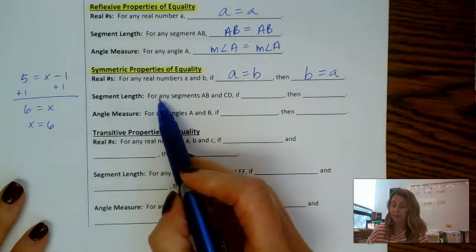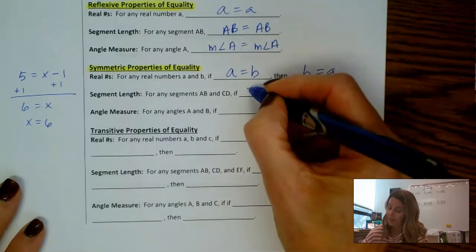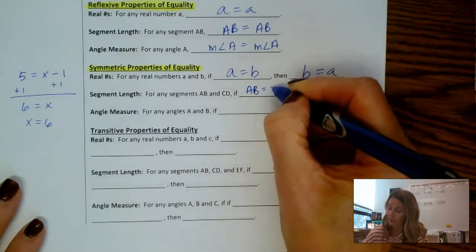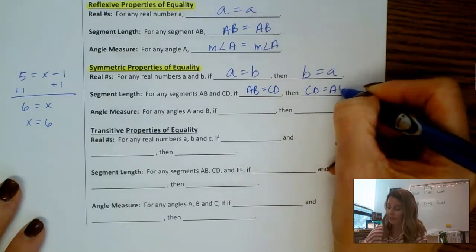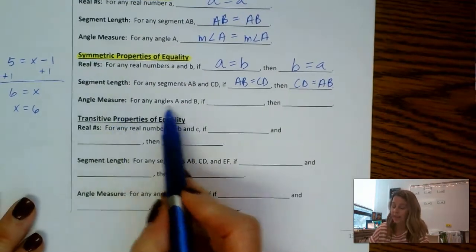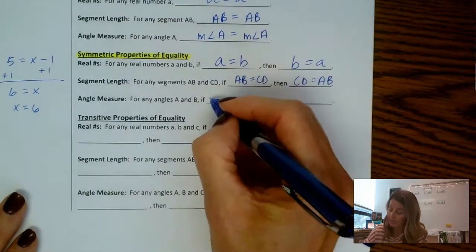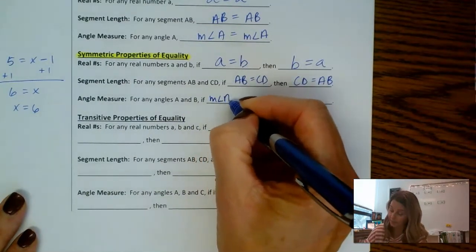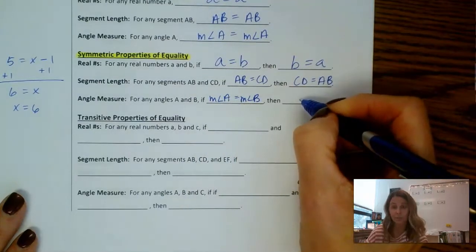So a segment length example would read, for any segments AB and CD, if the length of AB is equal to the length of CD, then CD equals AB. Again, they switch. And then an angle measure example. For any angles A and B, if the measure of angle A equals the measure of angle B, then I can switch them.